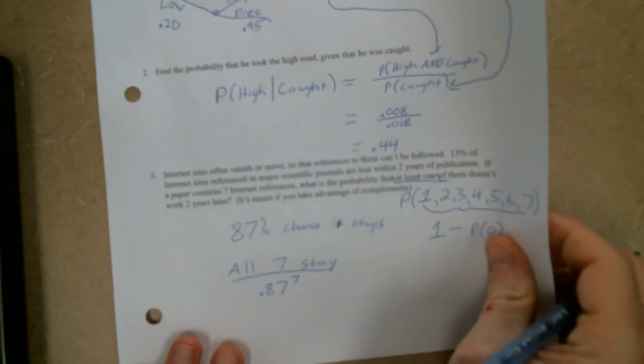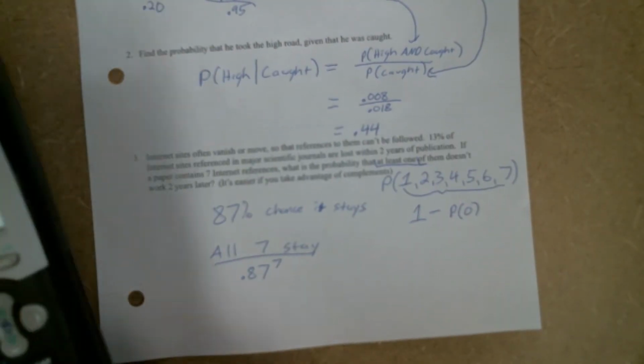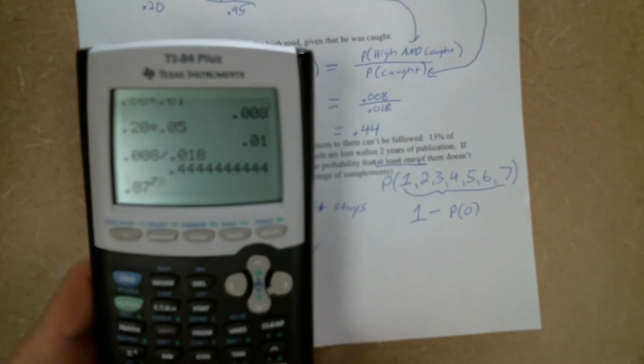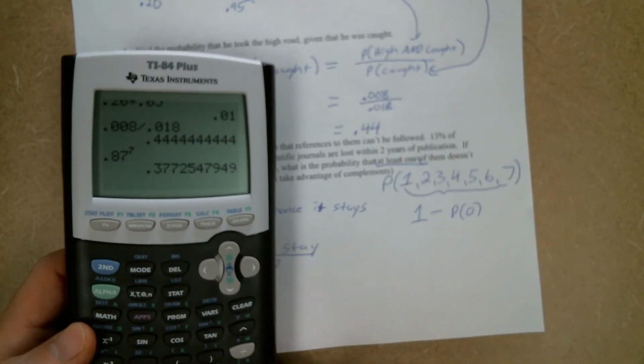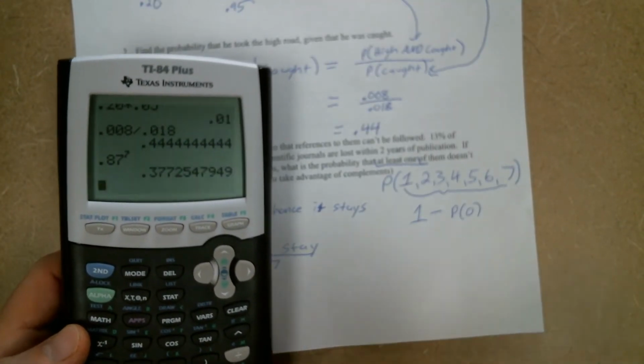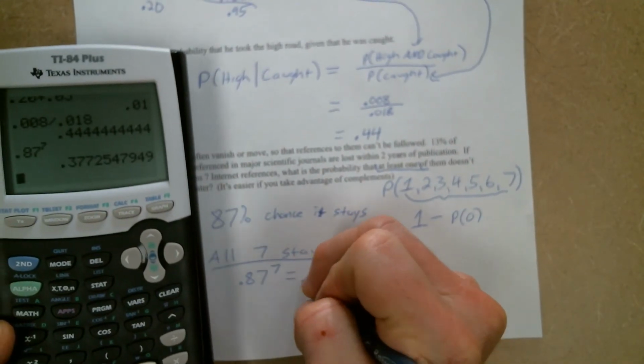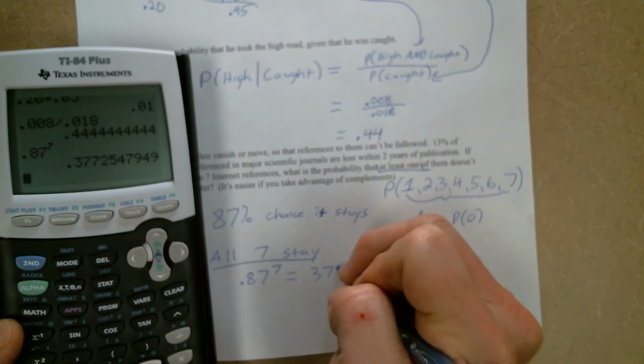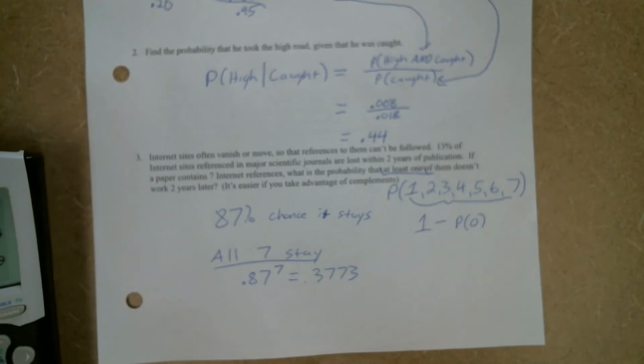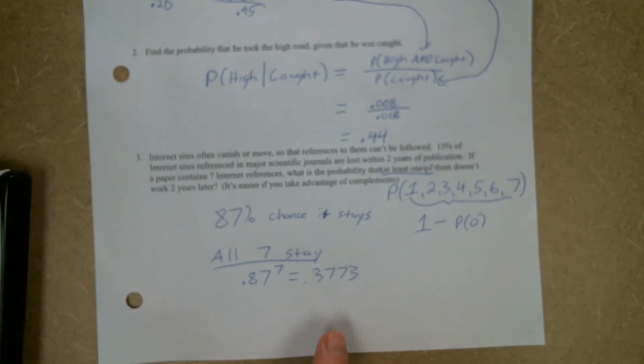So 0.87 to the 7th power is about 0.3773. So that's the odds that all 7 stay.